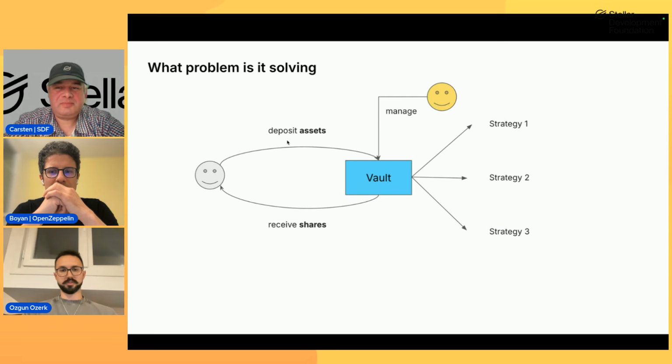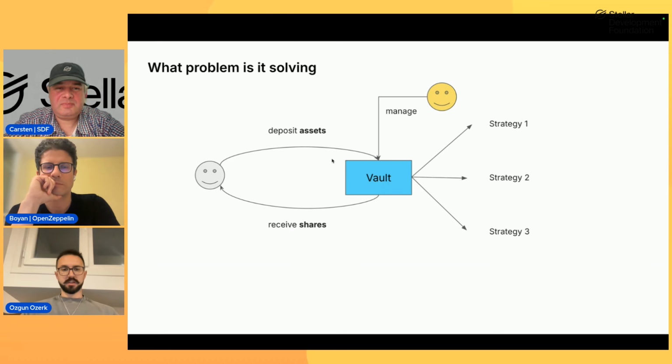You deposit your assets into the Vault. The Vault tries to utilize your assets in the best way and earn some interest, and you will get shares in return. And you can always do transitions between shares and assets. You can convert them interchangeably.